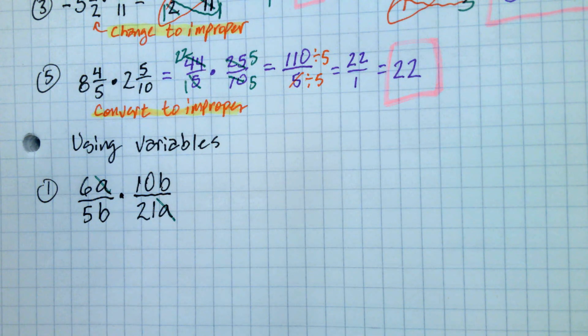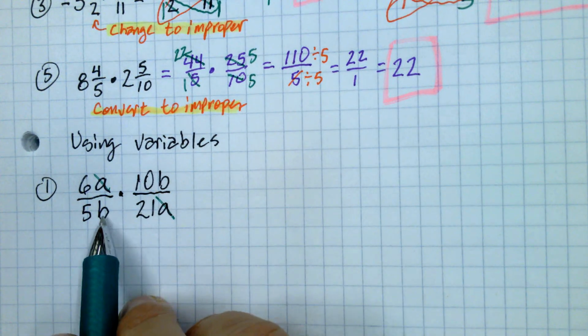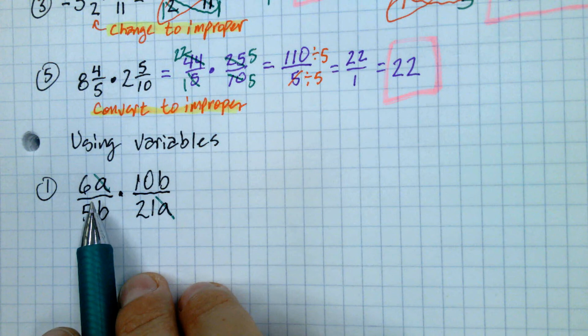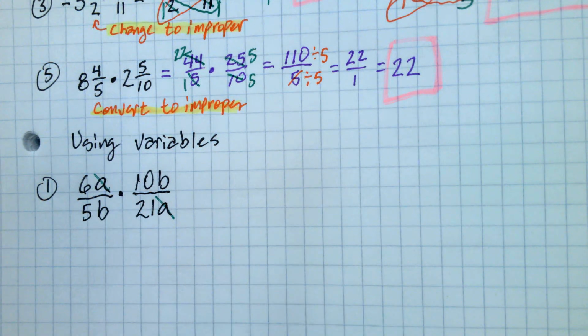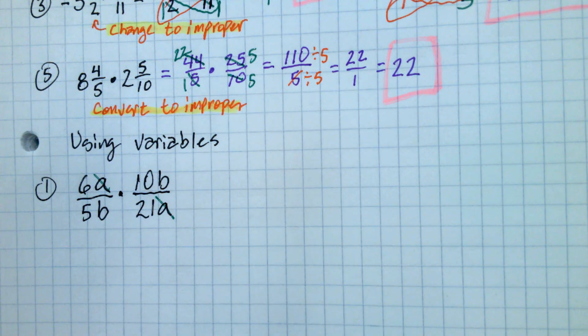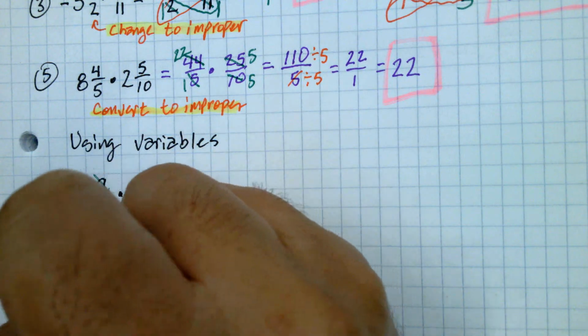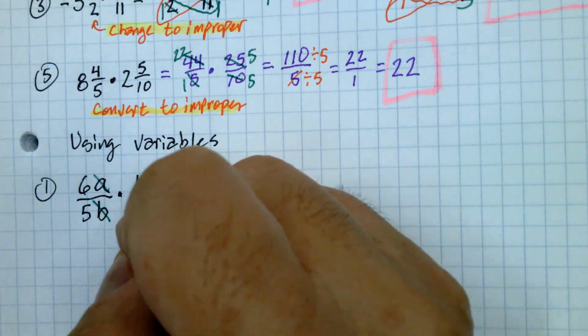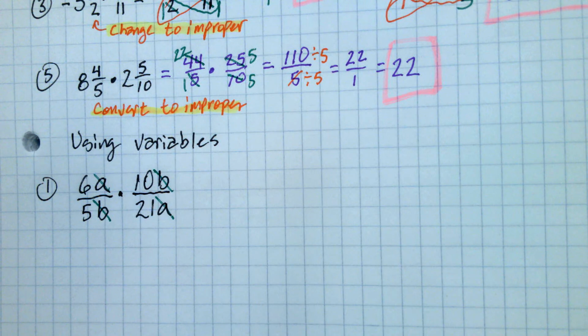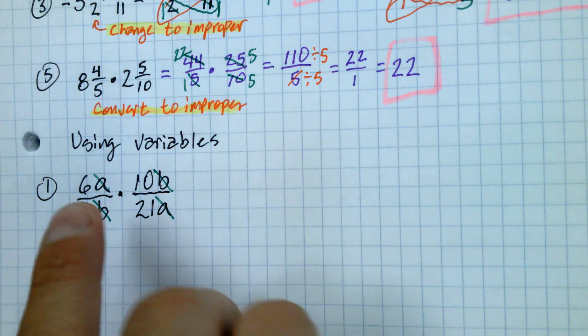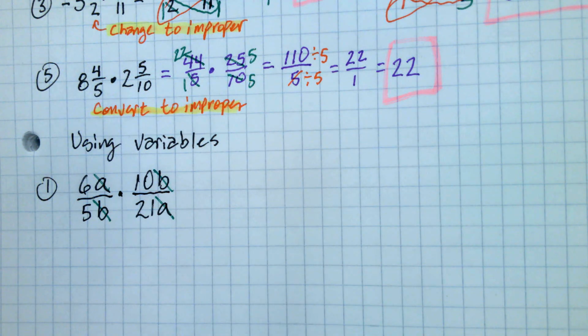What else can I cancel out? Well, let's just stick with the b's first, and then we'll move on to the numbers, because I want to clean up the variables first, if I can. And I can, right? I can cancel out this b with this b. If you have one in the numerator and one in the denominator, even if they're across from each other, they cancel. So all of those canceled out.